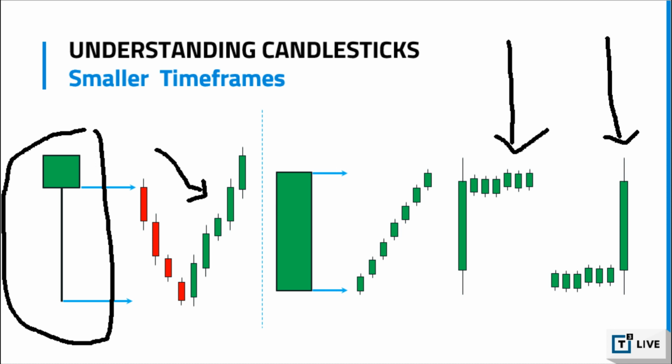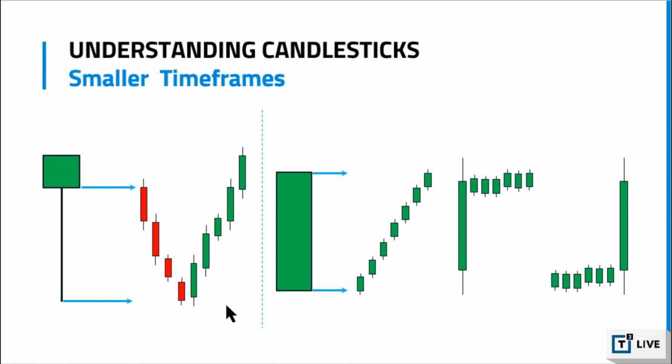Anybody know why? Does anybody know why? Because when you reverse the red bars, it's nice when you reverse them in just one big green bar, right? Or one big green bar in a sideways base, because when you reverse them quickly like that, it leaves the sellers trapped with not much time at all to cover.